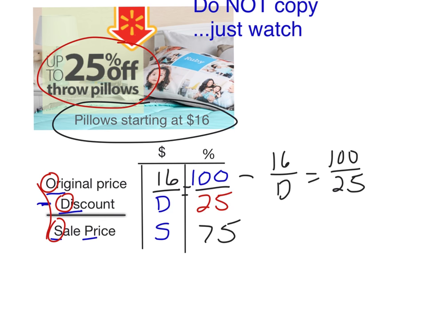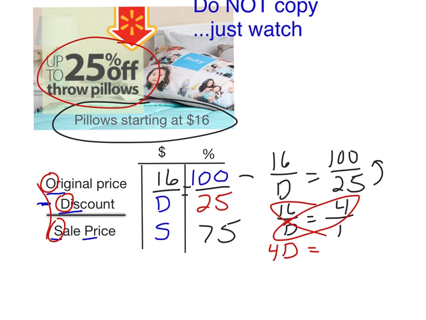So this is going to be 1, which is going to be extremely easy to cross multiply and divide. So when I cross multiply, I get 4D, put the 4 in front, equals, and then I just have 16 times 1. Divide by 4, divide by 4. My discount is 4.